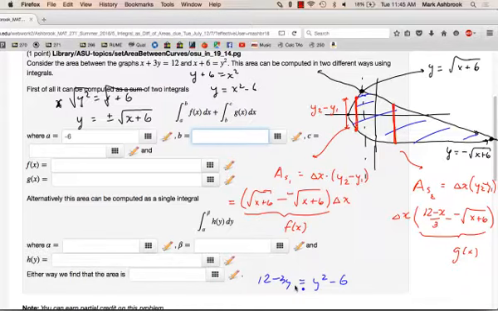So now we have a quadratic, and we're going to get two solutions, and those are the two y values of our 2 points. So it's going to be y squared plus 3y minus 18 equals 0. So factors of negative 18 that add up to positive 3: plus 6, negative 3.